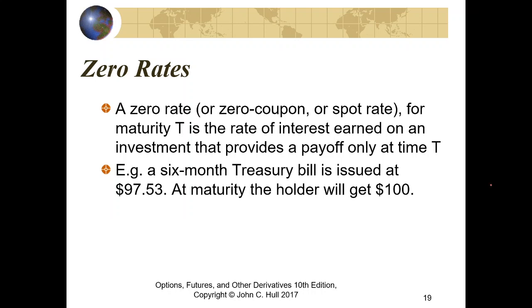If we want to determine the 6 months zero rate, we use the prices we observed and apply the formula that we learned about discounting or compounding, the continuously compounded rate. We know that the future value is equal to the present value times e to the power of minus RT.